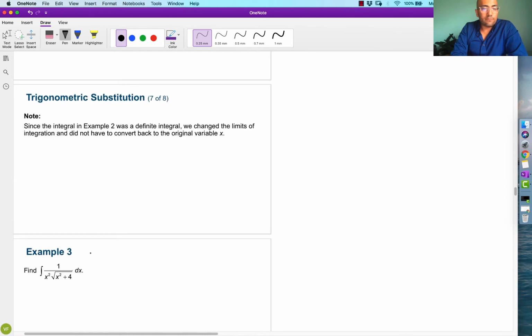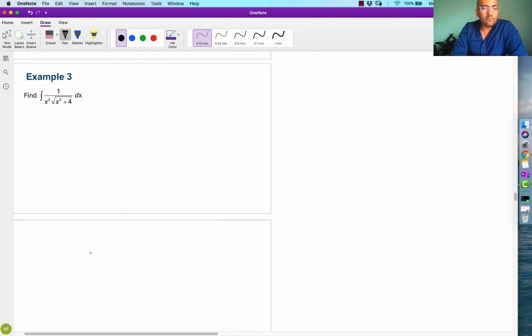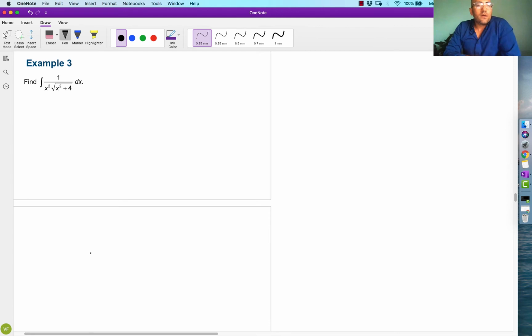All right, so another example. Find this integral: x squared times the square root of x squared plus 4 in the denominator. As per their suggestions, we're going to let x equal 2 tangent of theta.